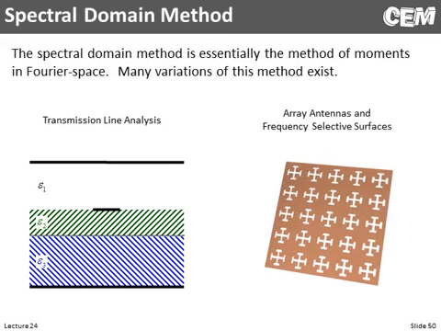And then the last thing, spectral domain method. Think of this as the method of moments or boundary elements, but in Fourier space. So it's very good for periodic structures, although you'll see it in some old papers doing transmission line analysis and other stuff with it. So that concludes the variational methods.